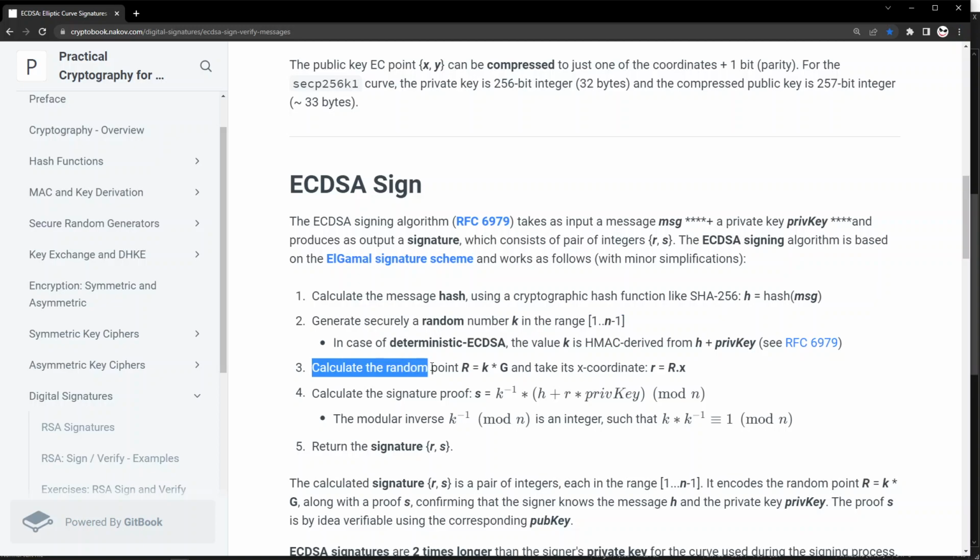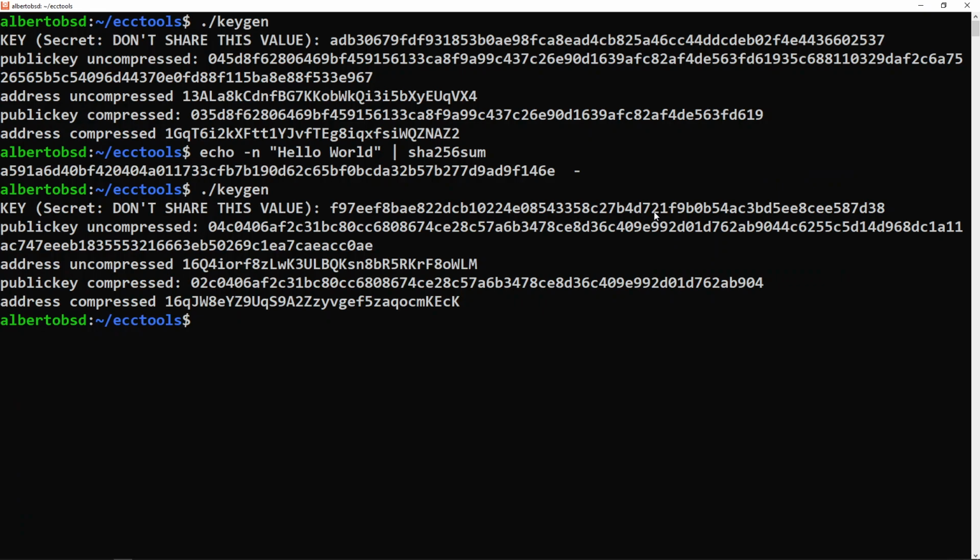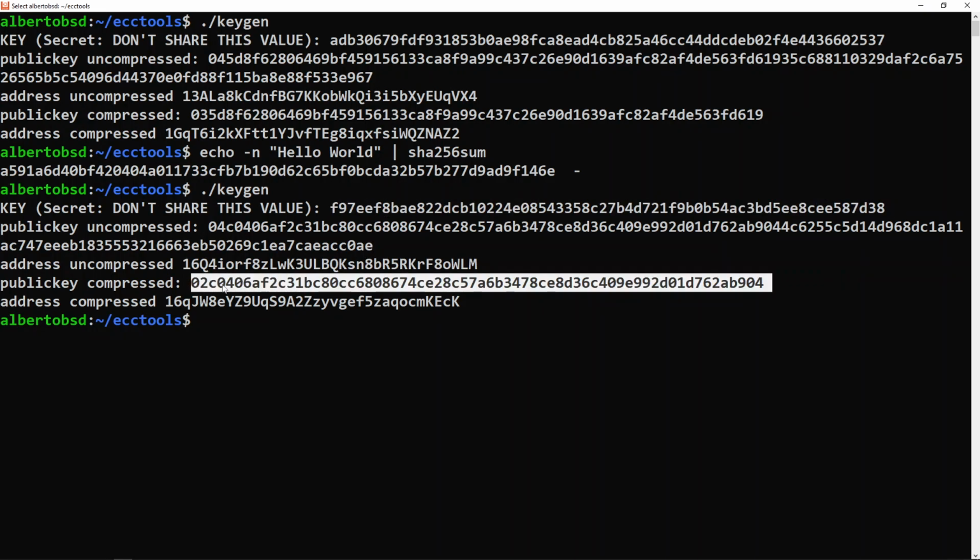We need to calculate a random point from our previous k value. We need to do a scalar multiplication, k multiplied by our generator point, and we only need to take its x coordinate, r. So let's do this manually. Actually, this is the public key.